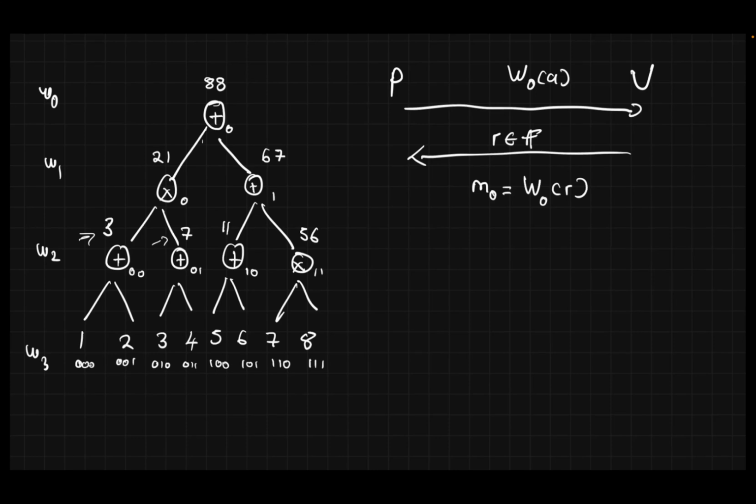Okay. So how do you prove that M0 is equal to W0 at R? When the verifier sends a random challenge to the prover, what the prover does now is use that random challenge.